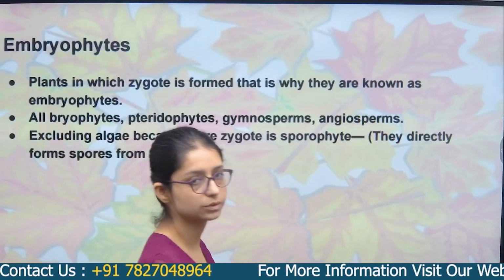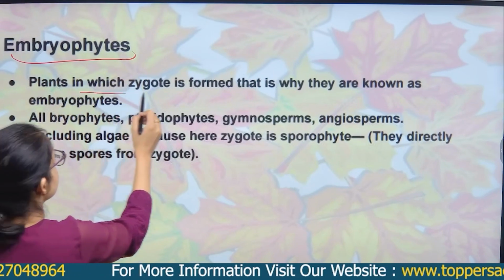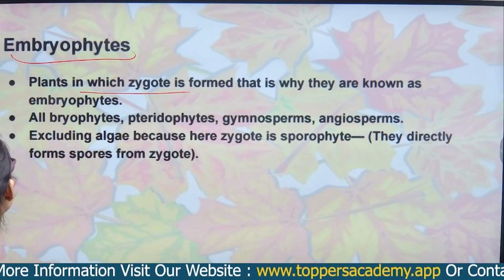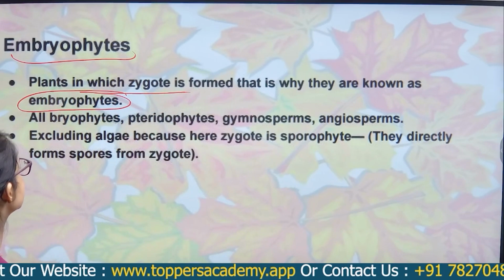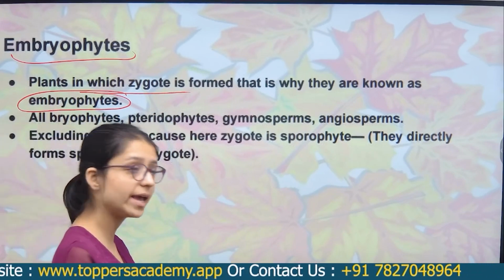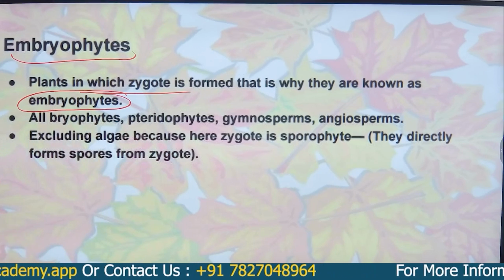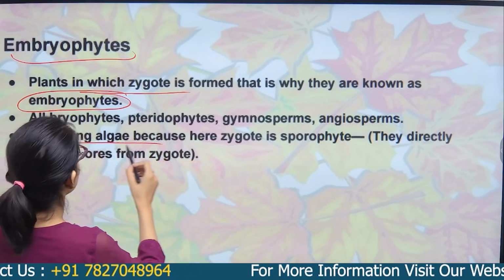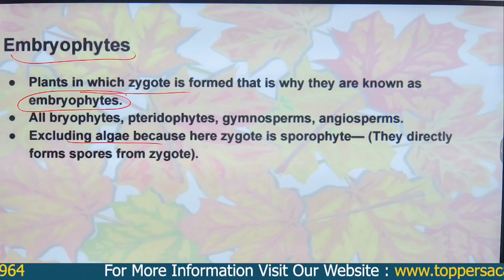So I skipped this thing. Embryophytes are plants in which a zygote is formed and develops into an embryo. All the bryophytes, pteridophytes, gymnosperms and angiosperms are embryophytes. So why are we excluding algae again?